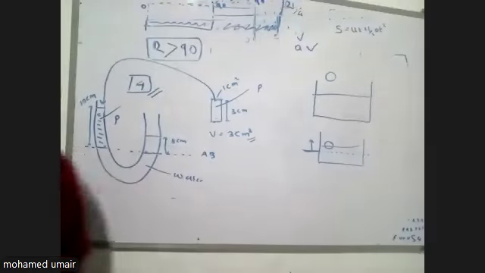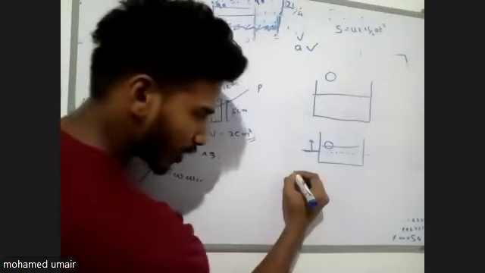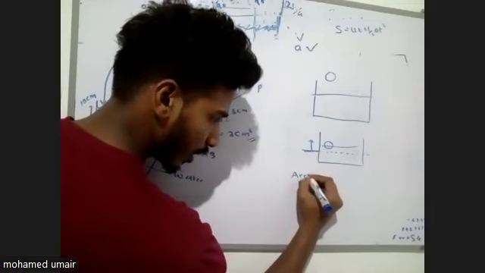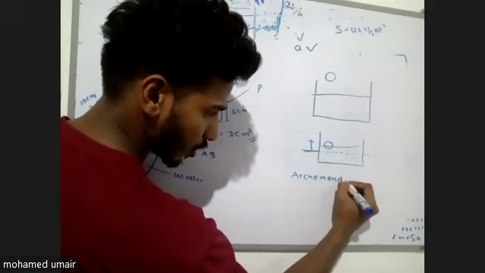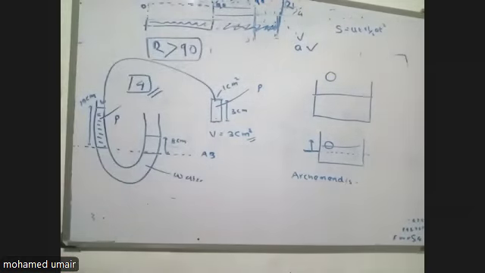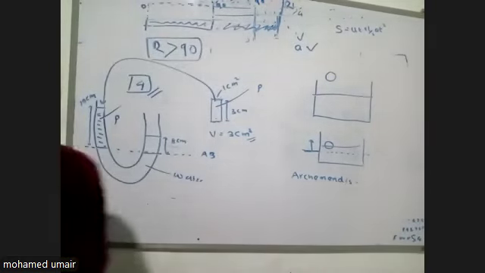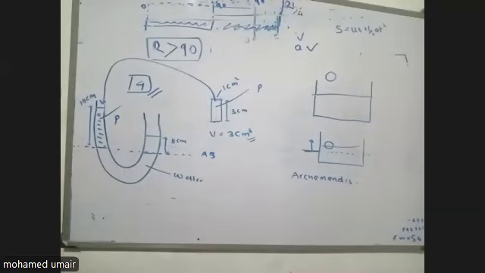Okay. So if I just remind you of the Archimedes principle, what does it actually say? Anyone? What does the Archimedes principle say? The thrust is equal to the weight.